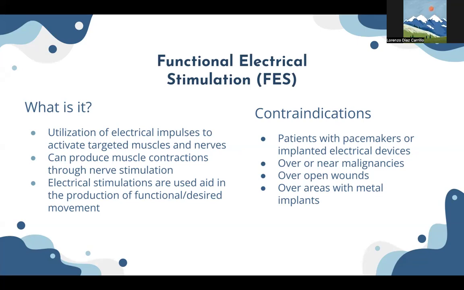We're not just frying these nerves and causing movements out of the blue for no reason. That desired function, and the attempt of performing functional movement, is really great from a neuroplastic standpoint.